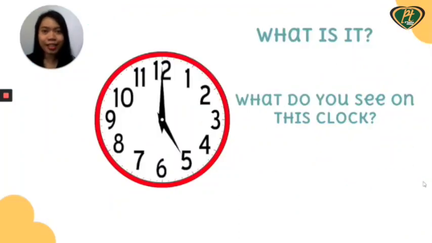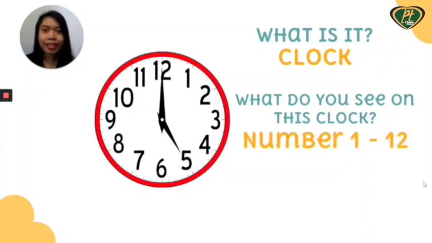Students, look at this. What picture is it? Yes, this is the picture of clock. Say with me, clock. Clock artinya jam. There are so many kinds of clock, and this is the analog clock. And then, what do you see on this clock? Yeah, we can see numbers.